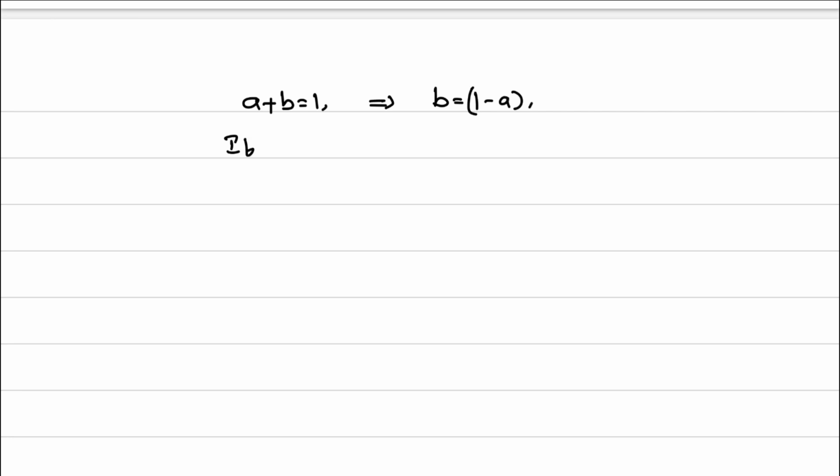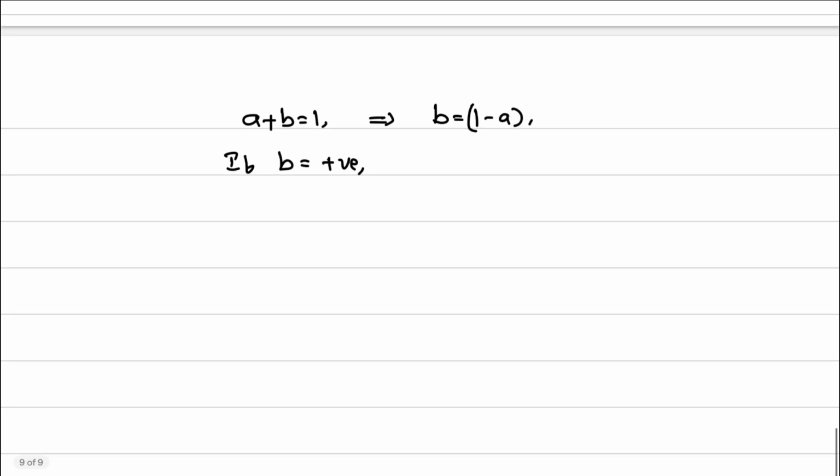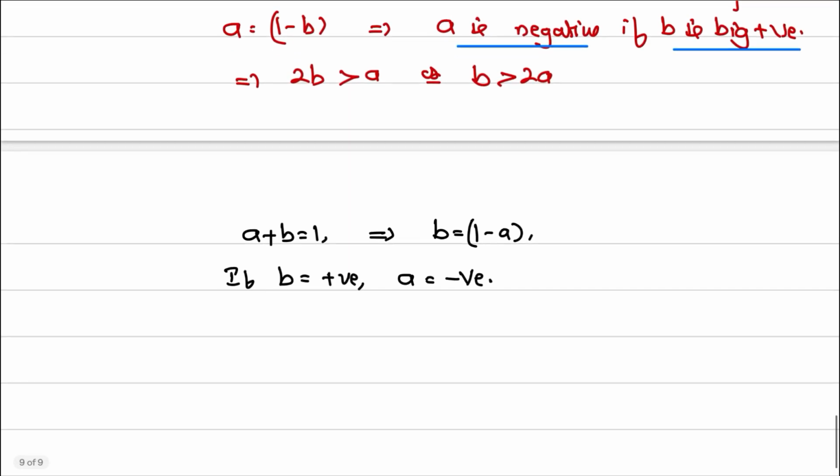If b is positive, because it should be a bigger number, showing a cube plus b cube is equal to 99999991, b is positive, then a is negative, or b is negative, a is positive. In either case, the positive number is always greater than the negative number.